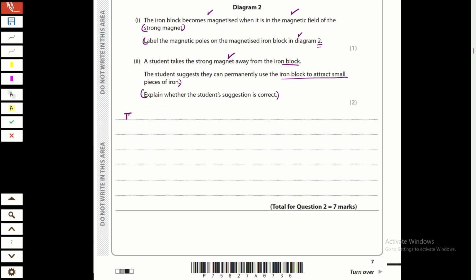So the answer would be something like this. The student's suggestion is wrong.